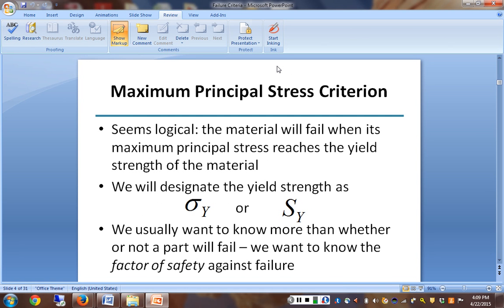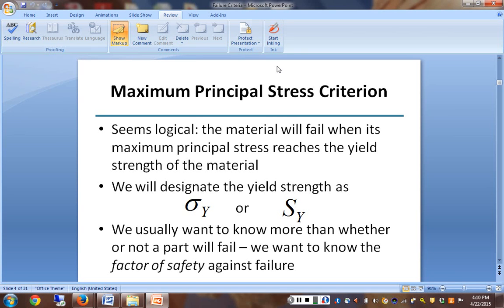So the simplest criteria is the maximum principal stress criteria. We do math, we figure out our reactions, our stresses, our principal stresses, and then we say, is that principal stress bigger than the yield strength of the material? That's the maximum principal stress criteria. In terms of nomenclature, capital Y indicates the yield strength.